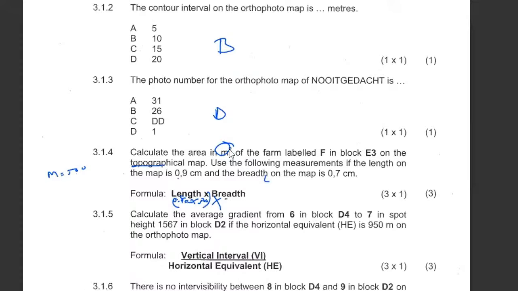We come to this 0.7 centimeters times 500. Don't forget that each unit has to be multiplied by the scale. So when you multiply these two, they will give you 450 meters times 350 meters. Meters times meters, you get meters squared. 450 times 350, you get 157 500.